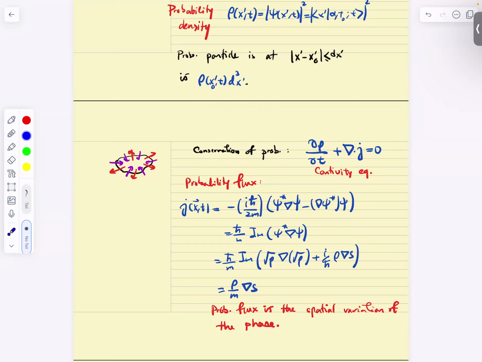So you might be tempted to conclude quickly from Born's rule that the only thing that controls the probabilities is rho, the absolute value. But the continuity equation immediately tells you that probabilities are conserved and there has to exist a notion of a probability flux, which is controlled, besides rho, also by the spatial gradient of the phase. Good?